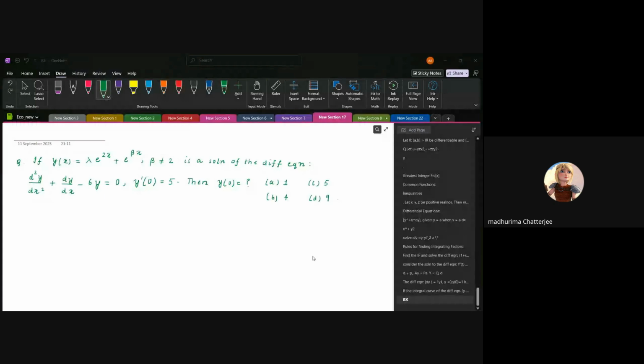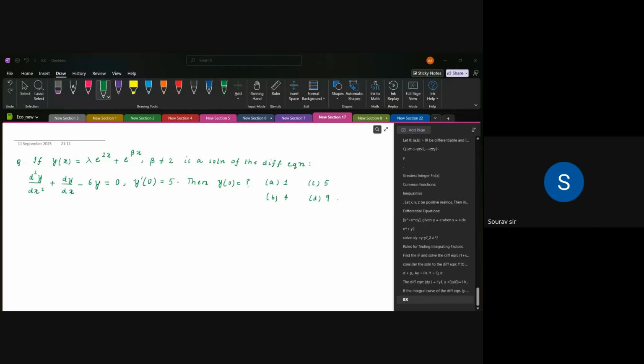Beta is equal to -3, because 2 and beta will be the two roots of the auxiliary equation, and solving that we get beta equal to -3. From that we can find lambda by putting the solution in y dash 0 equal to 5, and from there we can find y of 0.